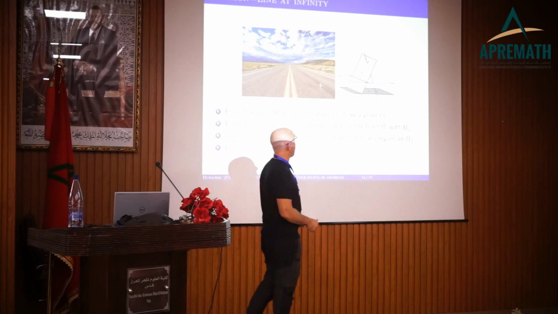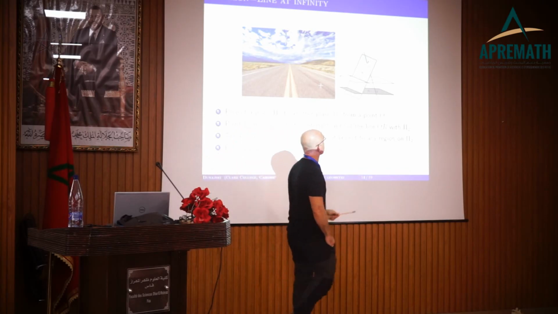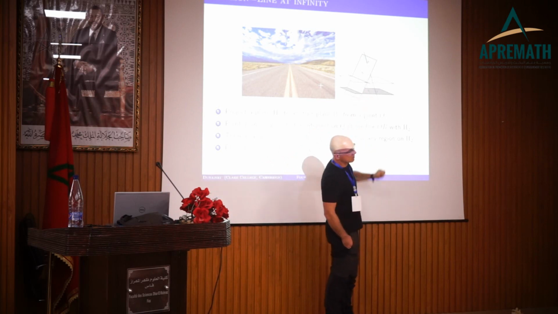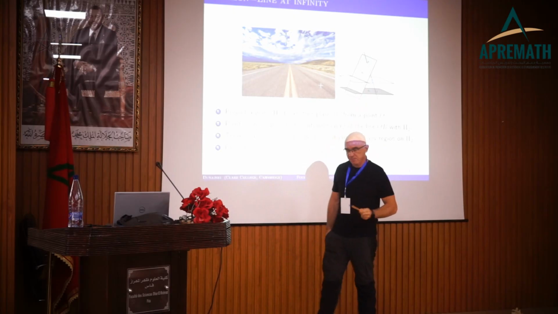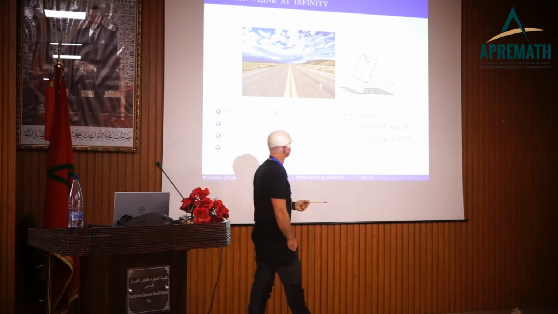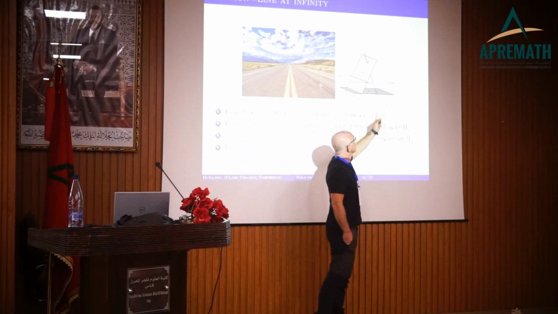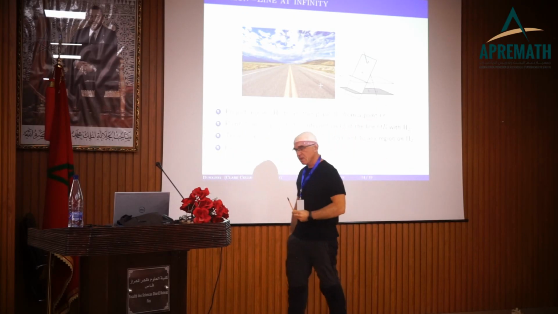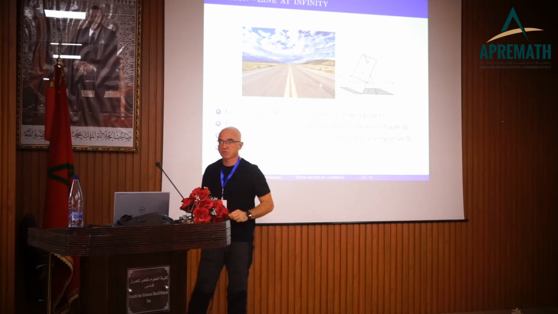So how does the projection work? Well, you take a point P on one plane, and you look at the line which goes through P and O, and then you see where it hits your second plane, and you call this point Q. So you say that the point Q is the image of the point P under this projection.